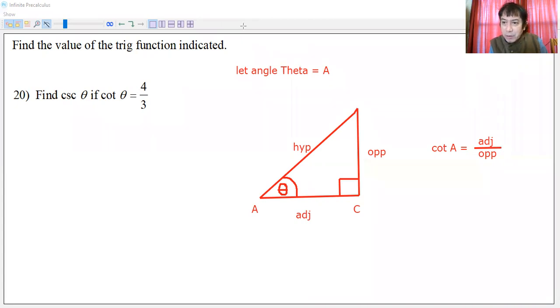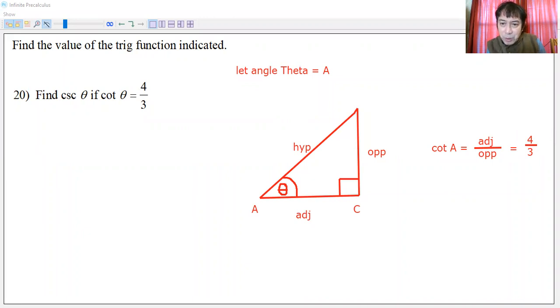So this will be 4/3 there, and we put the symbol for the fraction. That gives us our cotangent. Now remember the 3, 4, 5 triangle.